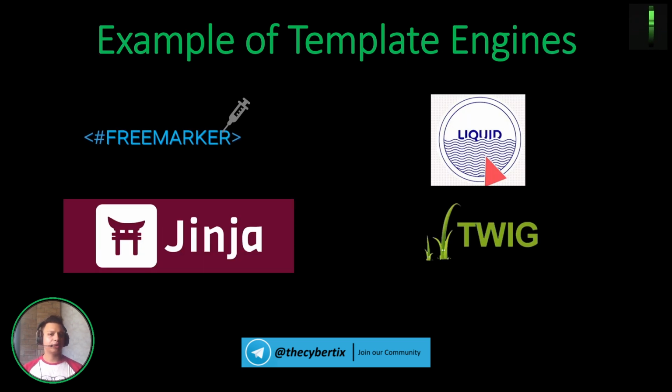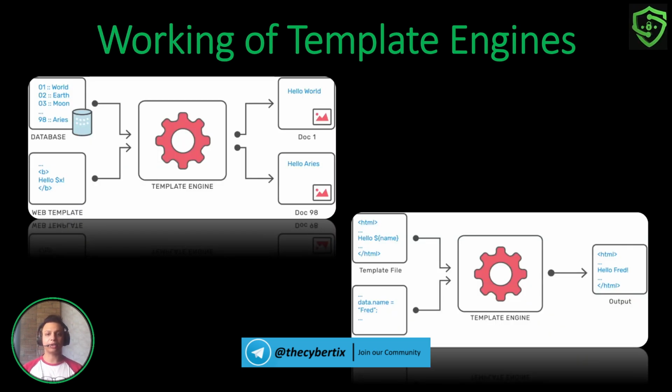To give examples of template engines, here are some common third-party plugins which are used: FreeMarker, Jinja templates, Liquid, Twig templates, and so on. Now, the working of the template engine is like this: we have a database as the backend, and on the front end we have web templates, like the example I had given in the previous slides.